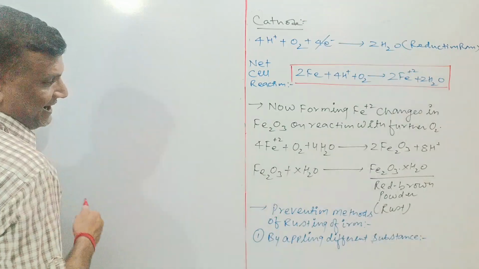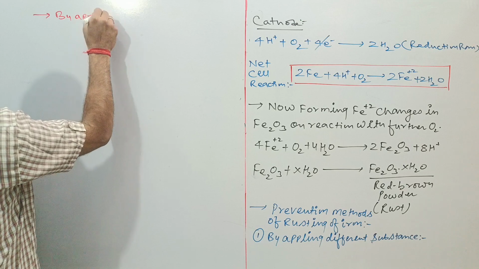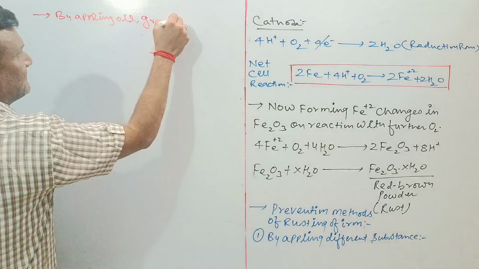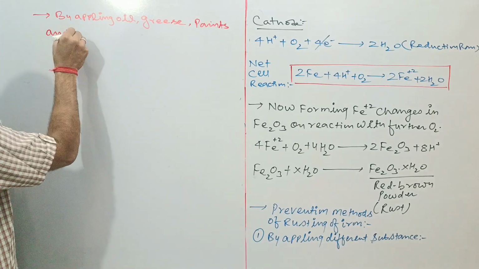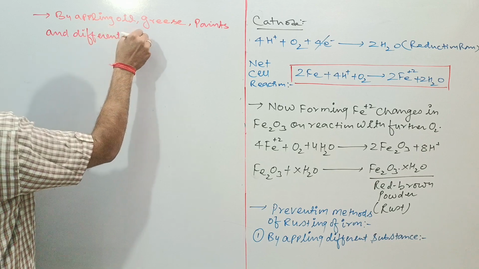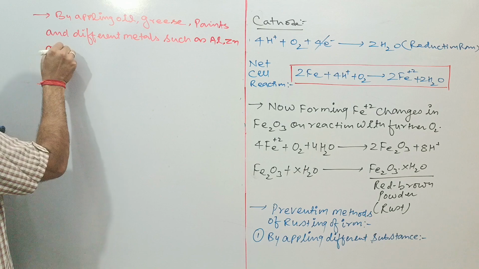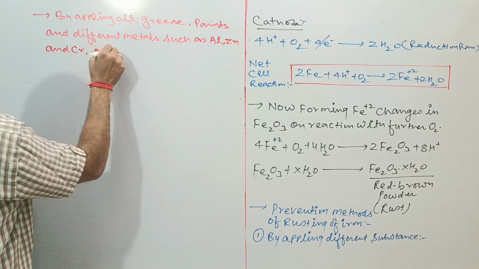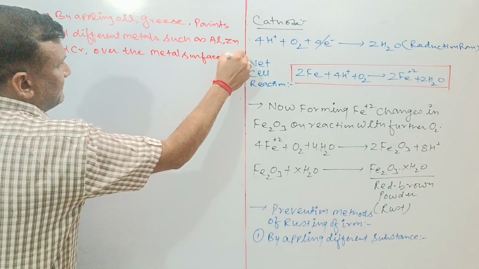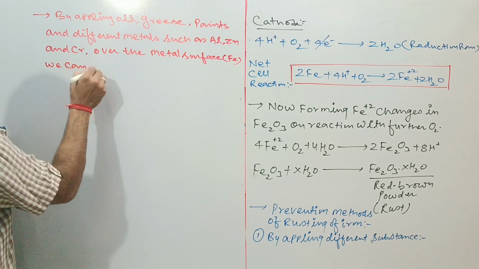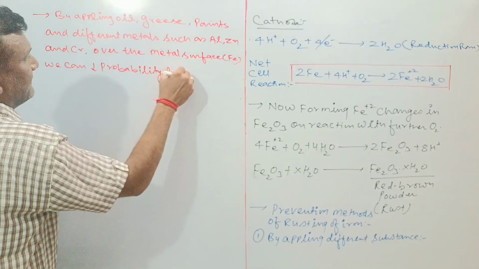So first of all, by applying oil, grease, paints and different metals such as aluminium, zinc and chromium over the metal surface, especially for iron, we can decrease the probability of rusting of iron.